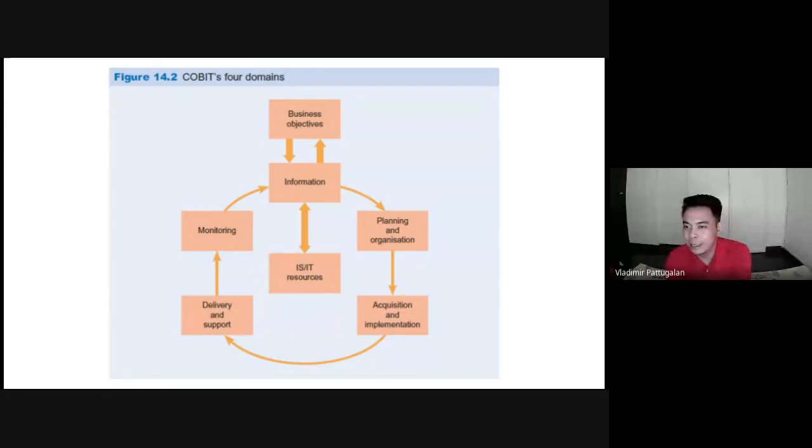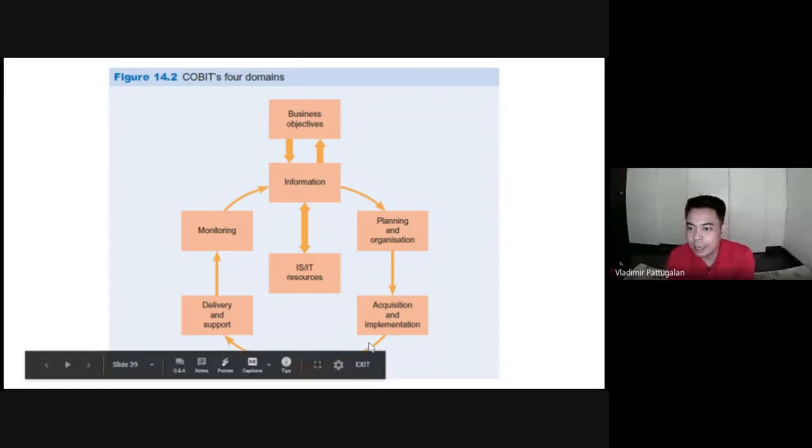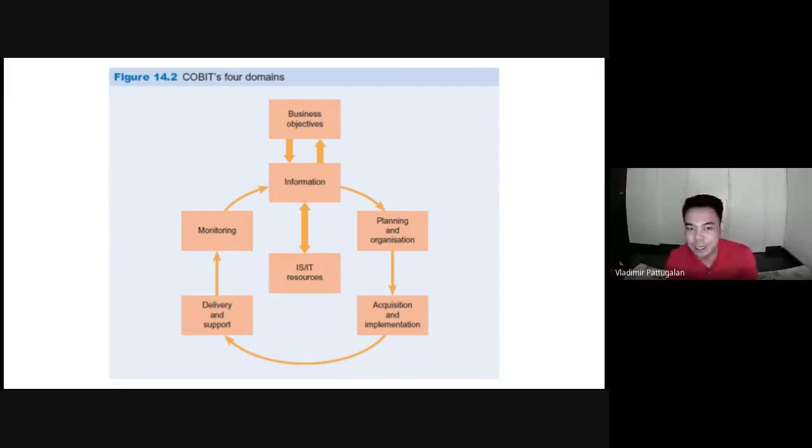And once everything has been delivered, the only thing left to do is to monitor how the operations still go. And once again, we are left with information, and we can go back to the cycle all over again to determine if it's still okay to continue with the outsourcing.